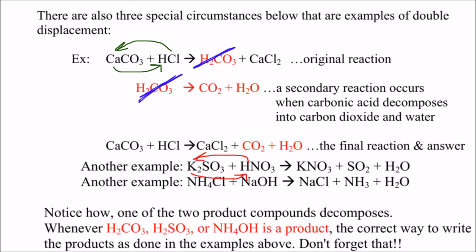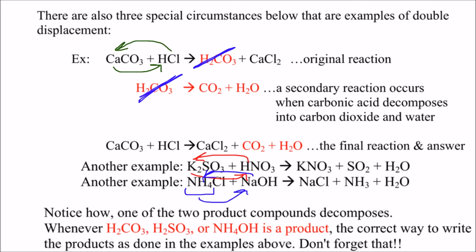Anyways, so we've got this ammonium chloride plus a base, and it's a double displacement reaction because you have a compound plus a compound. Now remember, ammonium is one of your exceptions, so all of that NH4 is the cation. So that's going to switch spots with the sodium, and the sodium is going to switch spots with it.